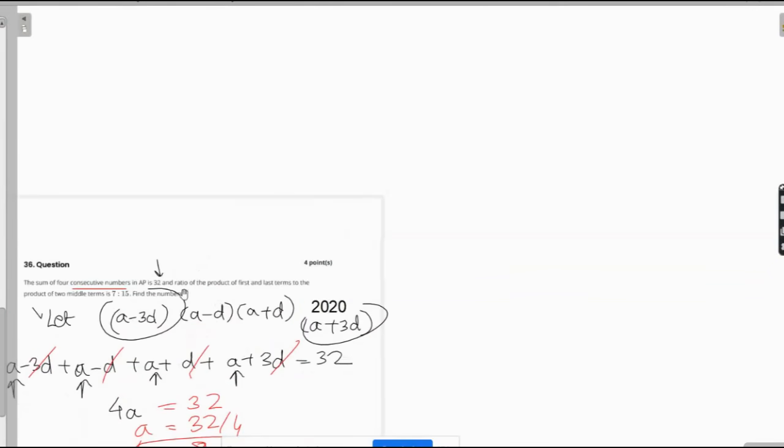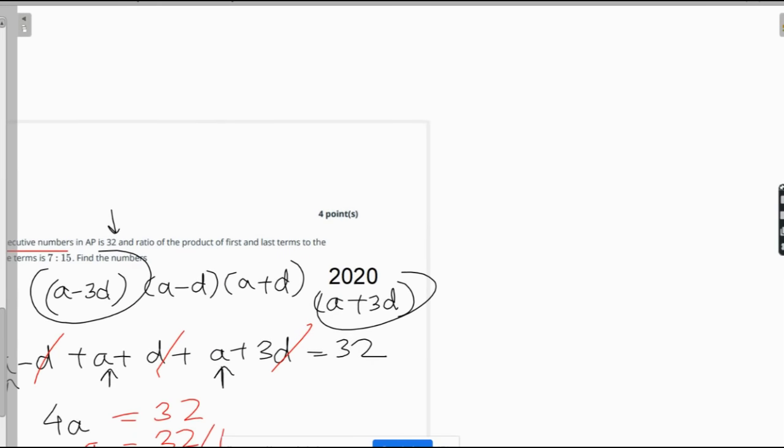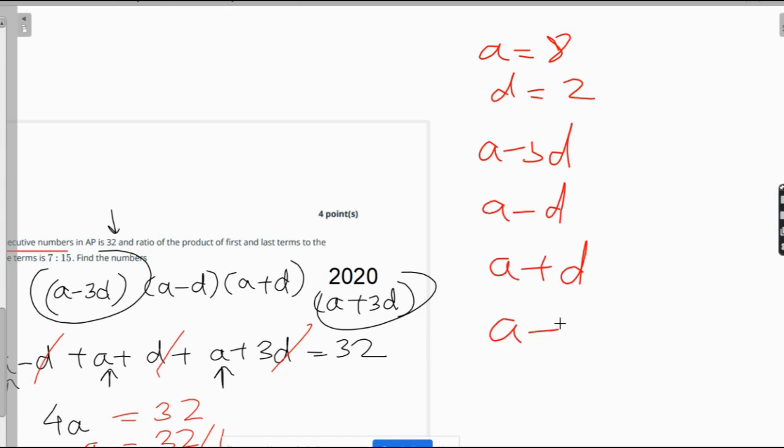Now you will have to substitute in these four terms. You've got a as 8, you've got d as 2. Now substitute in these terms: a minus 3d, a minus d, a plus d, a plus 3d.